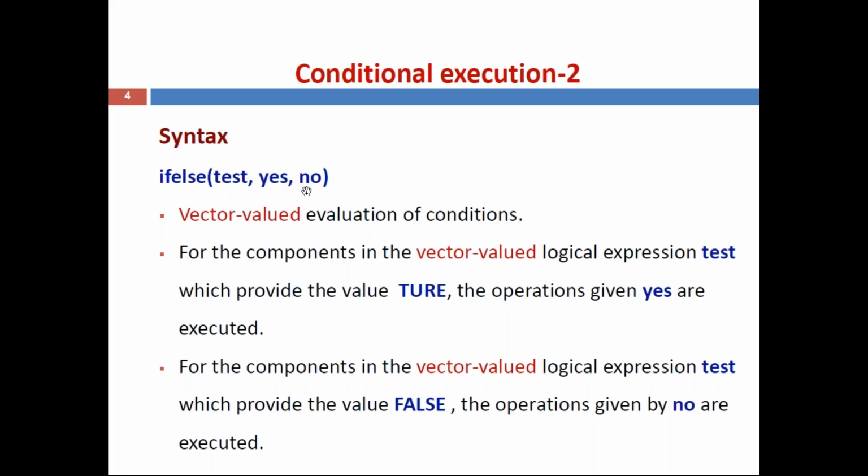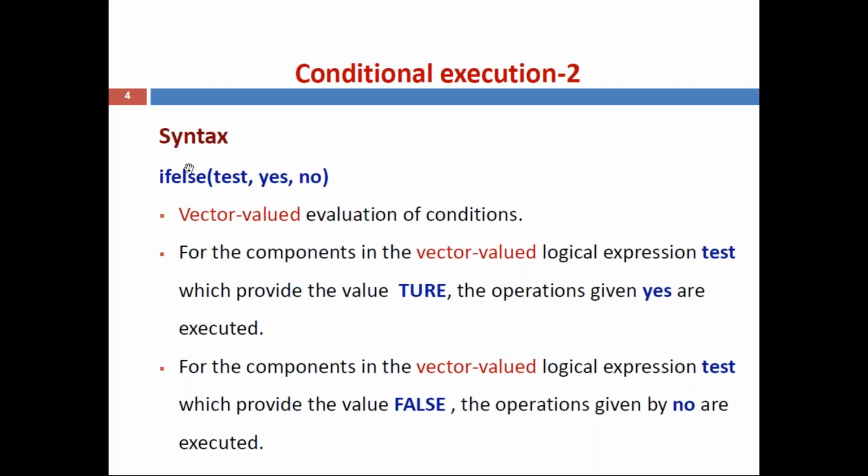The second argument is the true part: whatever statement you include in place of yes will be executed whenever the condition is true. The third parameter is no. Whenever the condition is false, whatever value is in place of no will be executed.